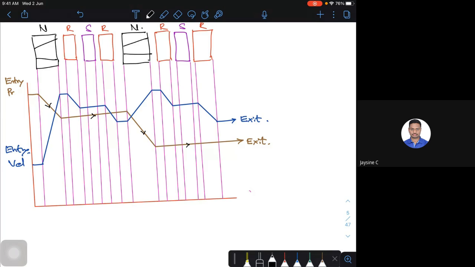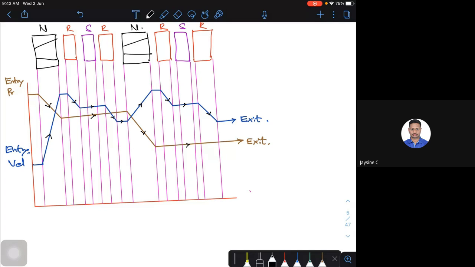Now what happens here, actually the velocity keeps increasing, then it gets absorbed, then it remains constant, then it almost gets absorbed. In the nozzle it is getting increased just like in the stator, then it gets absorbed, it remains constant, then it decreases.